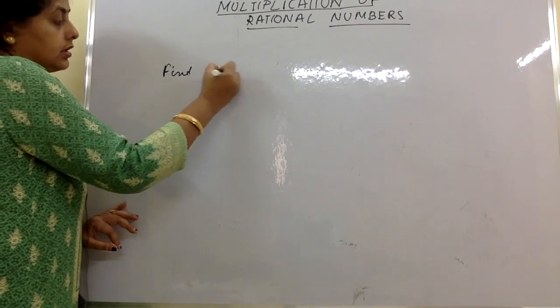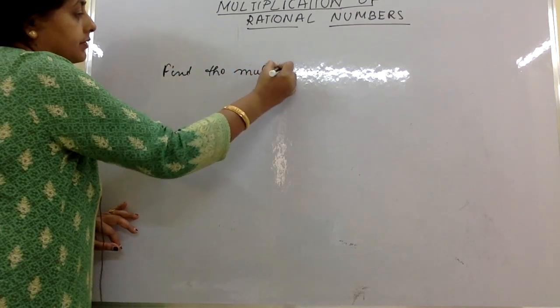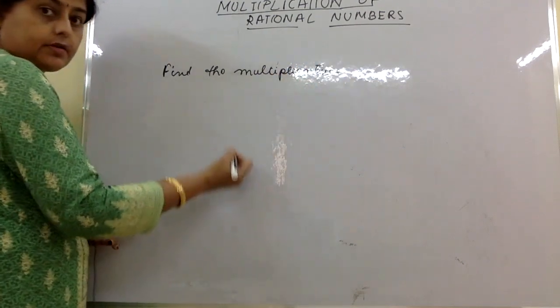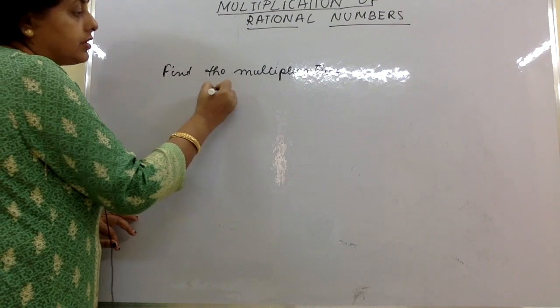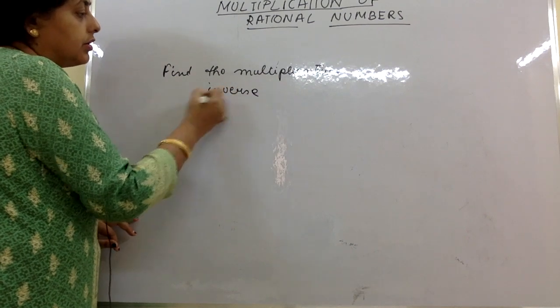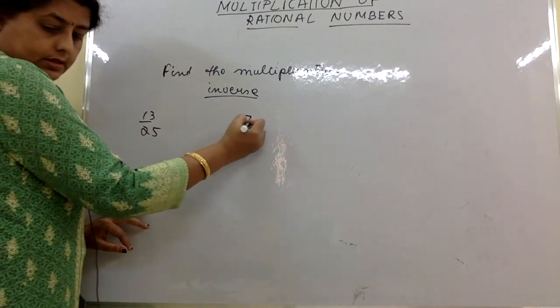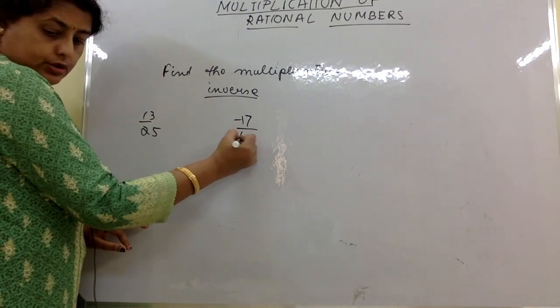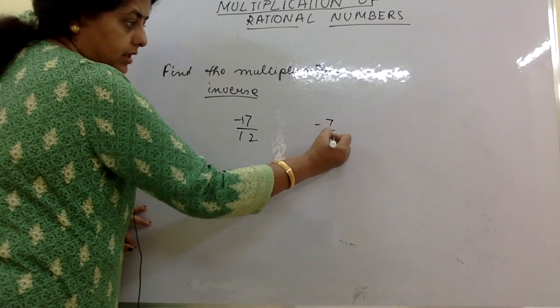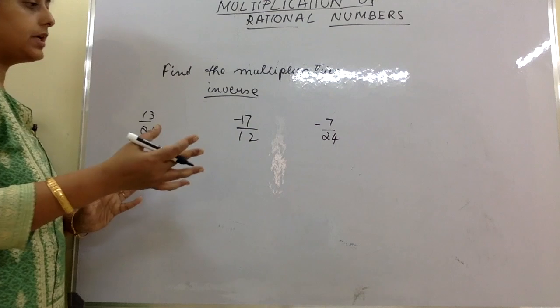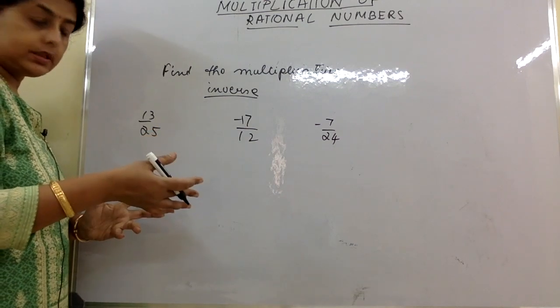Okay, now find the multiplicative inverse of the following. Okay, how do you do that and what are the sums? 13 by 25, minus 17 by 12, minus 7 by 24, and you have to find the multiplicative inverses of these.